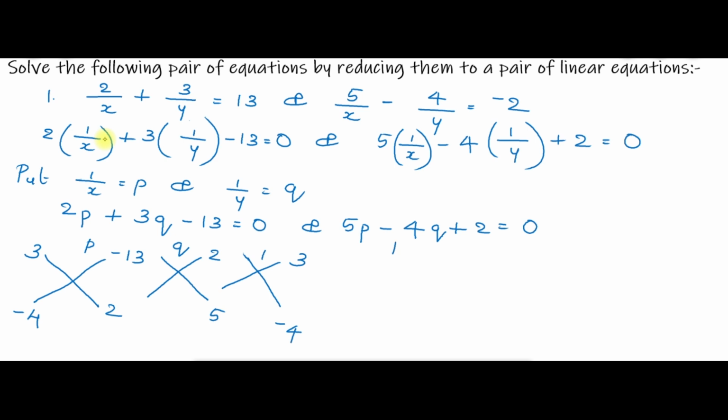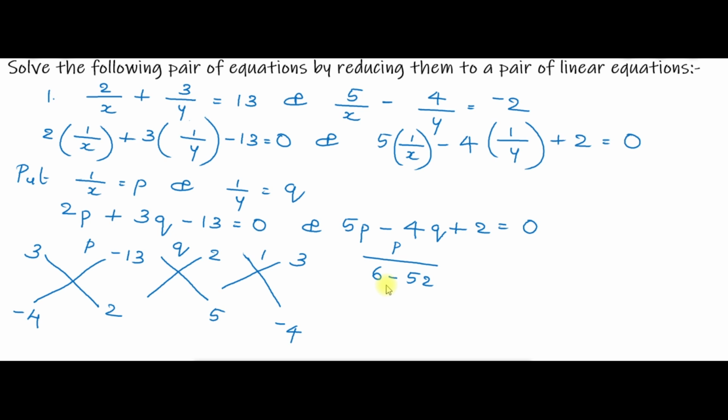So we can write p divided by 6 minus 52. That is here 3 into 2 minus 13 into minus 4. That is 3 into 2, 6, minus 13 into 4, 52.